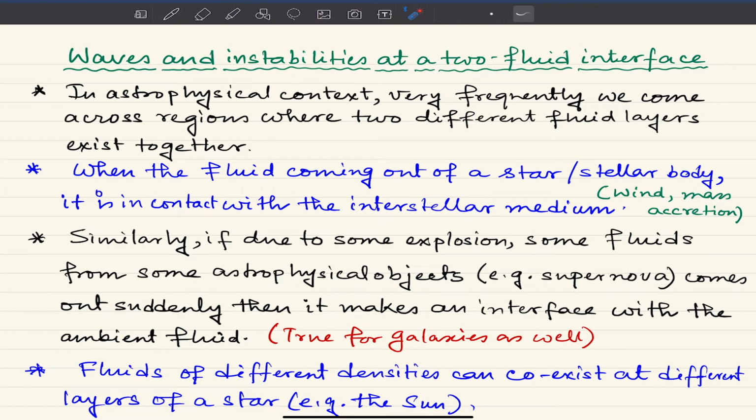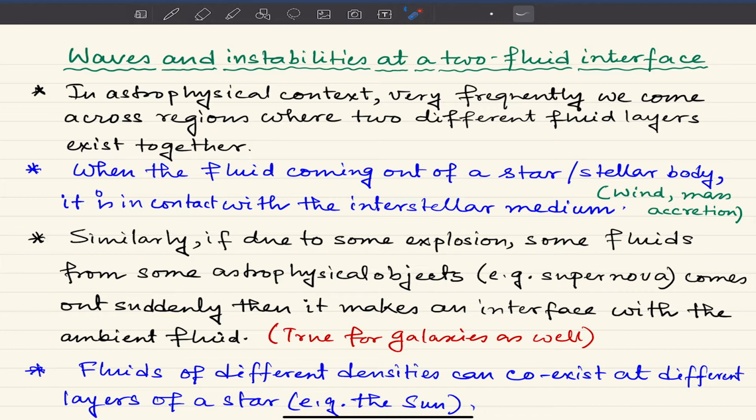Most frequently it makes a shock or discontinuity. But if the explosion is in a phase where the shock is not yet formed, you can still talk about an interface of the blast wave or explosion wave fluid to the ambient fluid.